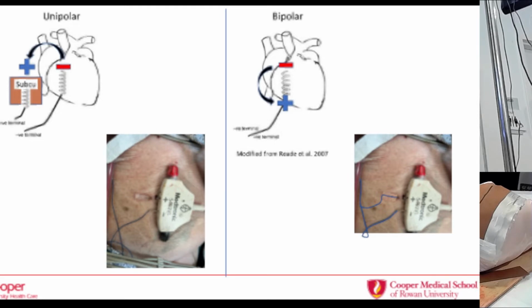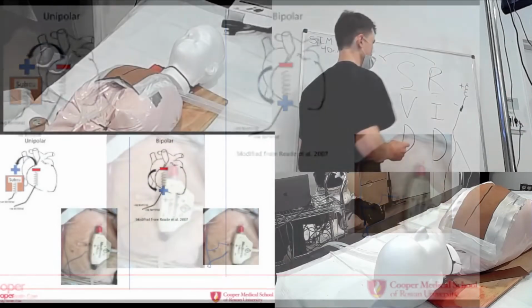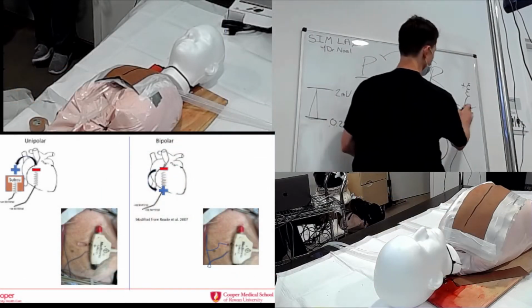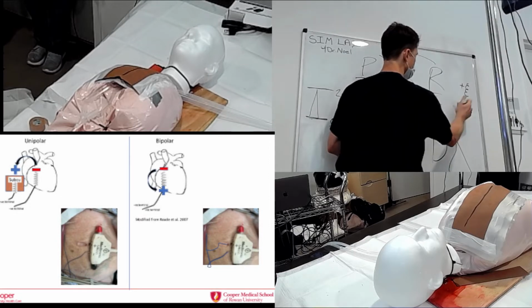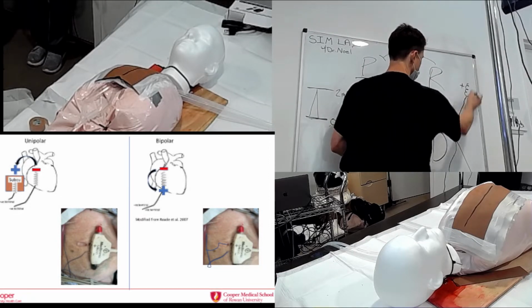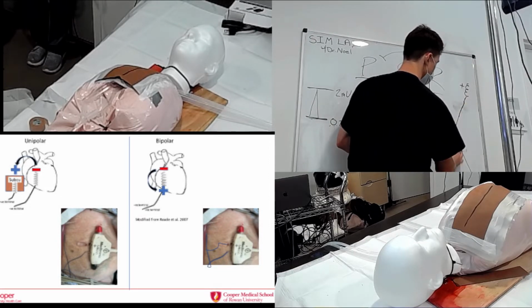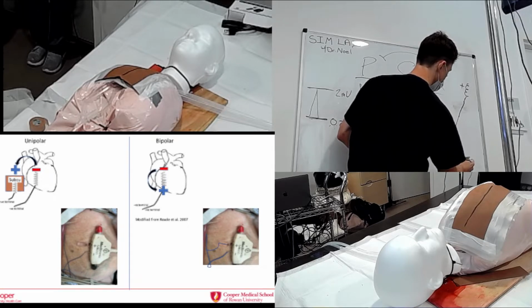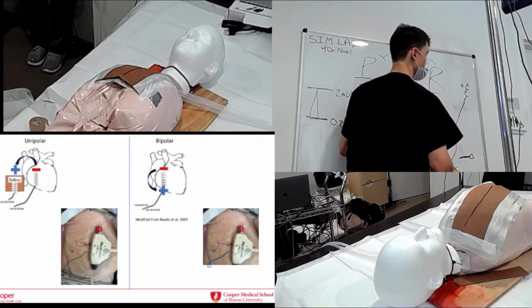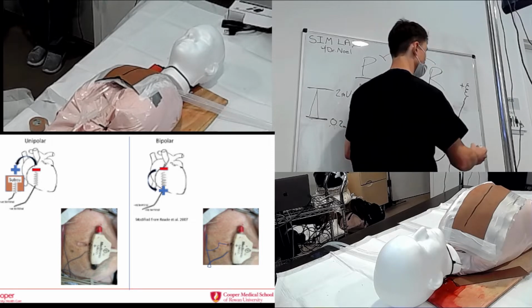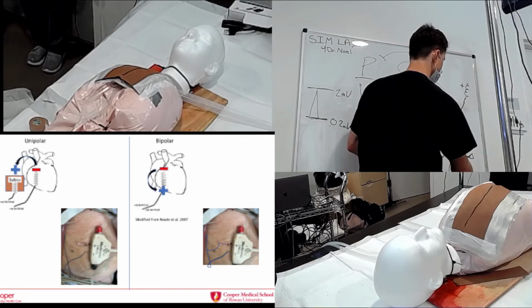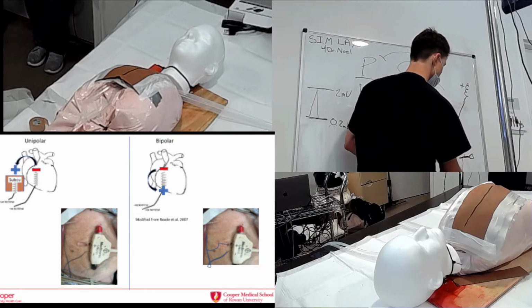Okay, and then when they come out of the skin, it's going to split off, and then you can attach them here. If you have unipolar leads, you're essentially only going to have one, and then on the skin, you're going to have a ground. Okay, so often this would be like a needle or some sort of other ground in the patient's skin that's then connected to the pacer box.